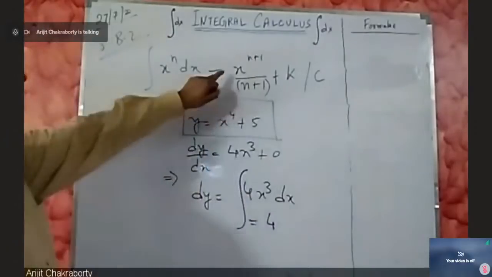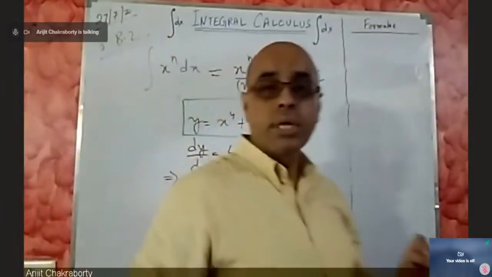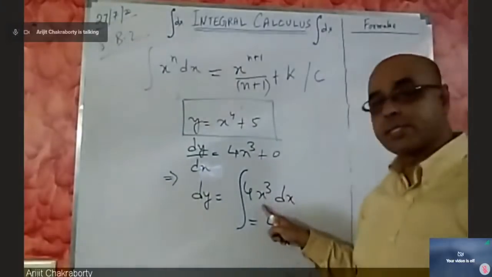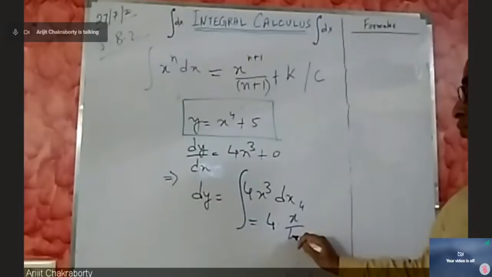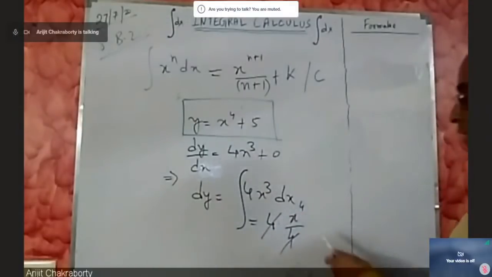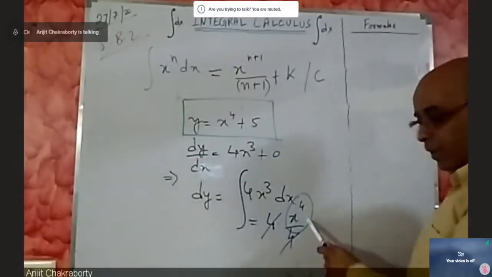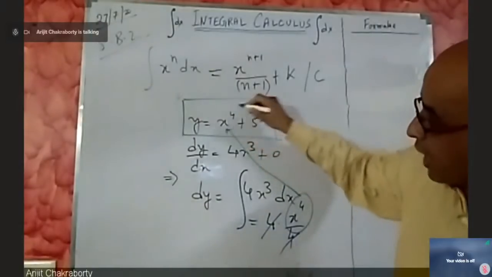The formula is x to the power n dx becomes x to the power n plus 1 by n plus 1. So in case of x cubed, it will become 4 into x to the power 4 by 4. So 4 and 4 cancel out. You get back x to the power 4. Please note, you get back x to the power 4.